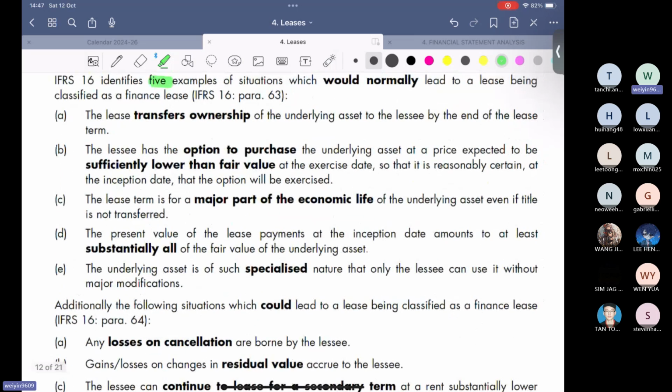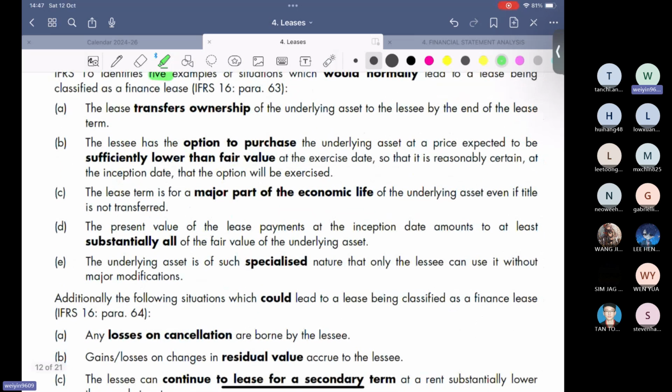So back to here. The lease transfers ownership of the underlying asset to the lessee by the end of the lease term. That means at the end, the asset will belong to the lessee. Therefore, you will park under the finance lease. Next one, the lessee has the option to purchase the underlying asset at a price expected to be sufficiently lower than the fair value at the exercise date.